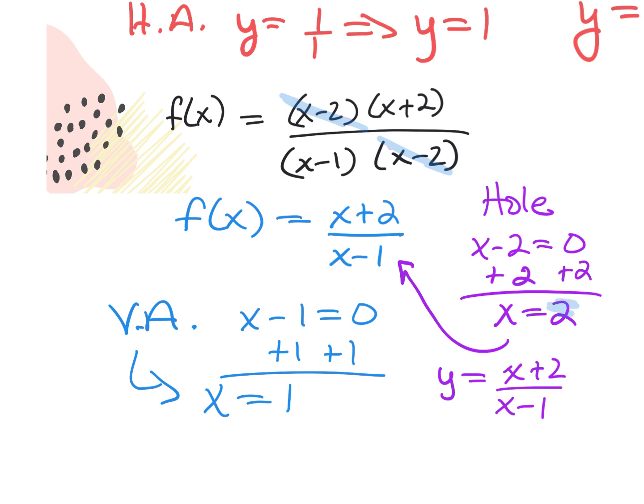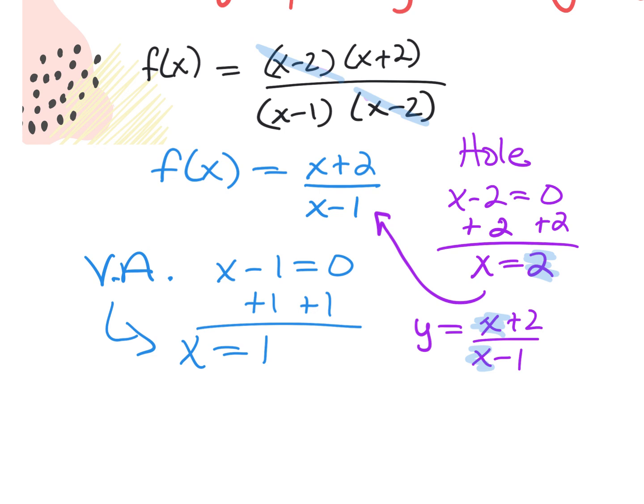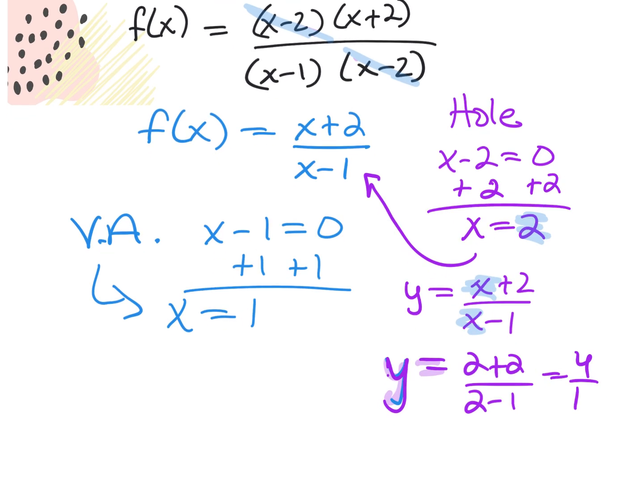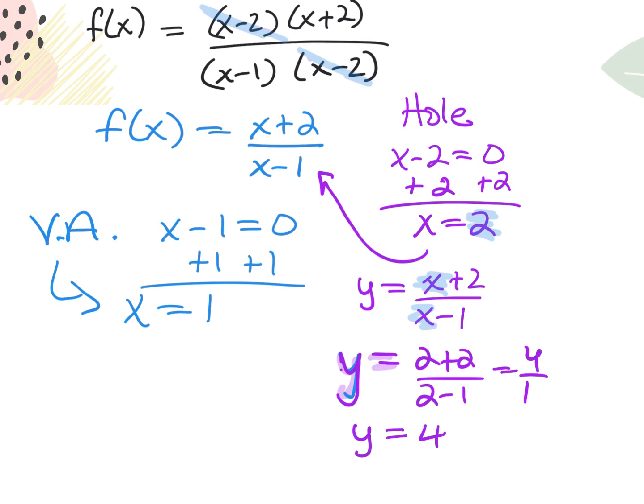Again, you're plugging in this number for both x's. So y equals 2 plus 2 over 2 minus 1, 4 over 1. So the y of your ordered pair is 4. So your hole is located at 2, 4.